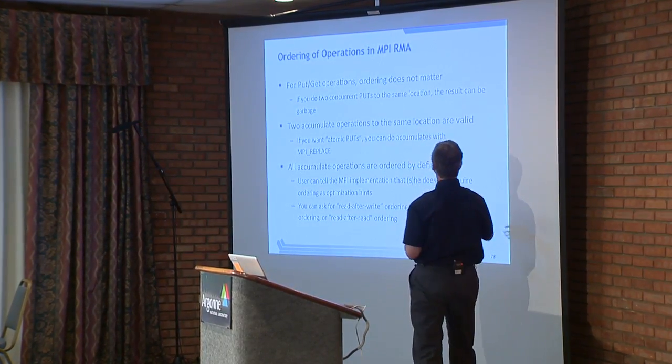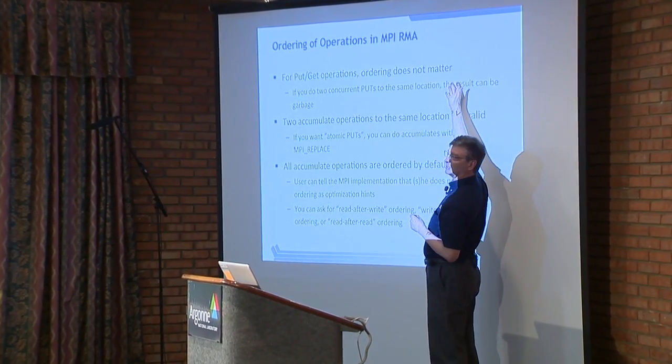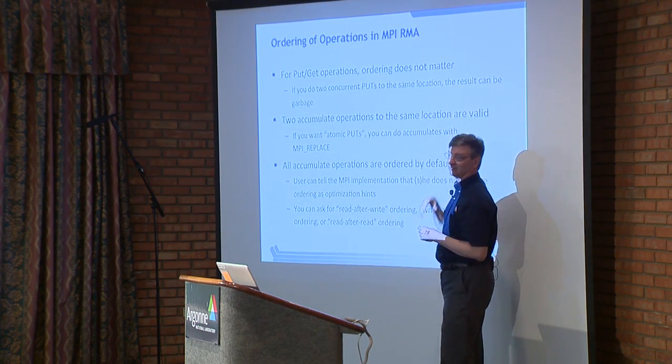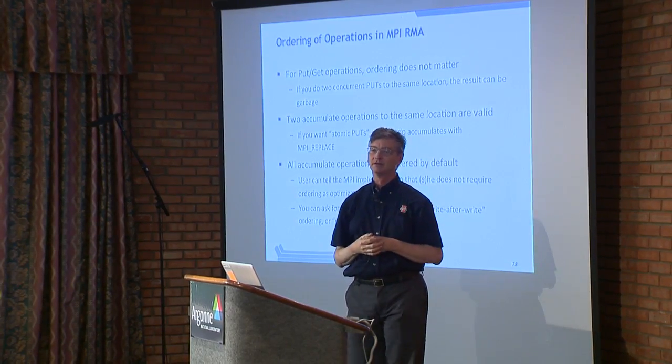Again, this was something that people just said, no, I just don't care. It's okay if it's garbage, I just don't want it to fail. So in MPI 3, the result may be garbage, but it's not an error. It's just undefined. So it makes it risky for the user, but there are times when it makes sense.